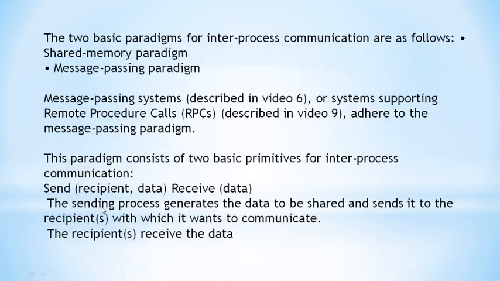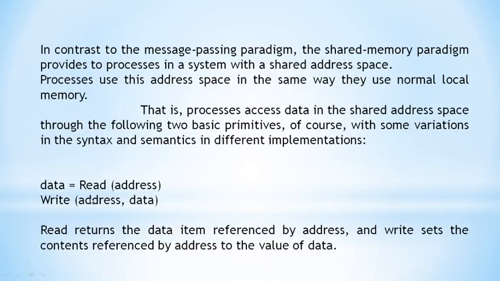Instead of sending a message to a particular recipient as in the message passing system, here the data is read from a particular address and written back to memory at a particular address, as it is the concept of shared memory. I hope you have got this point.